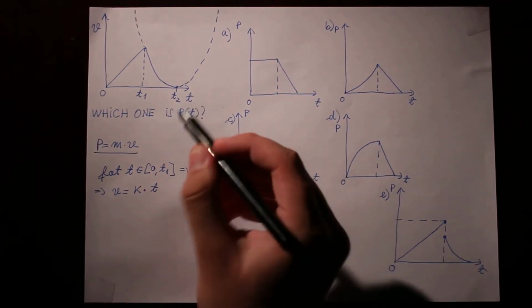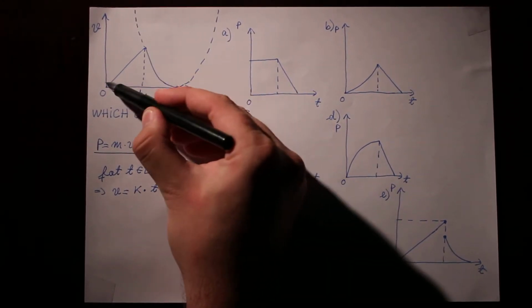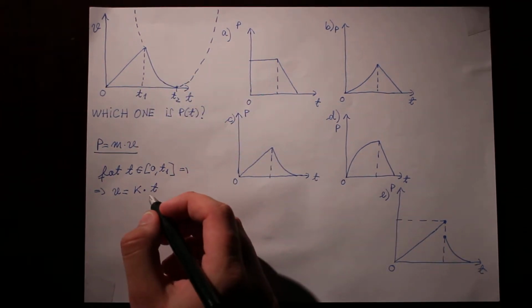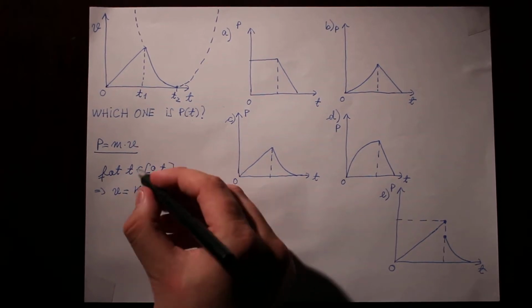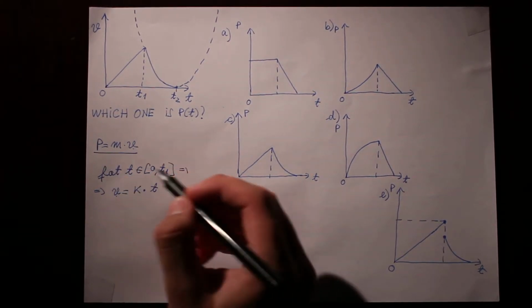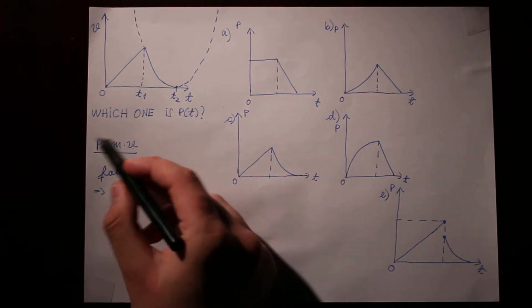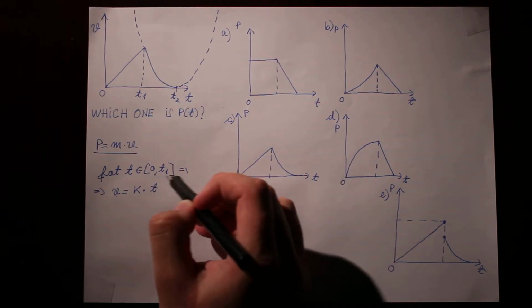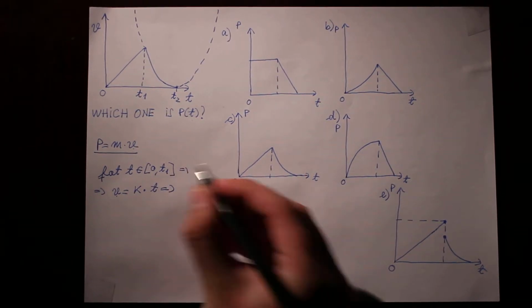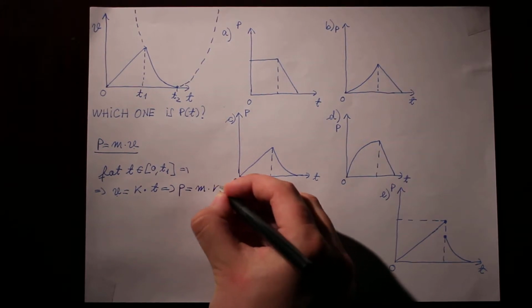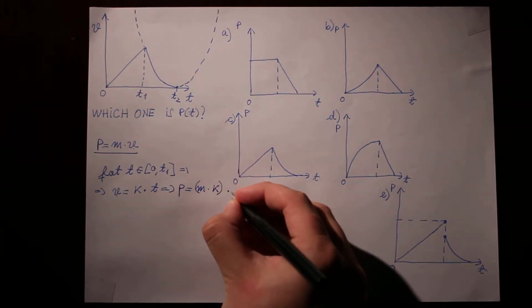Why is this? Because the line is straight and goes through the origin, and this is the formula for such a graph. If we plug this in here, we get a formula for the momentum for this time interval: p equals m times k times t.